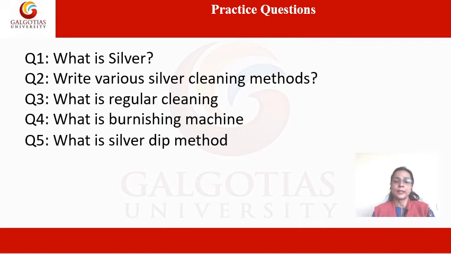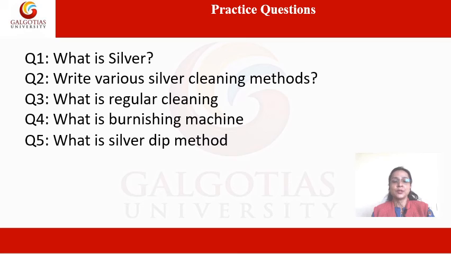What is regular cleaning? Under this, you may reply that regular cleaning is applicable to clean those items which can be maintained on a regular basis, and a very simple solution can be used, like baking soda, hot water, and aluminum foil, which are sufficient to maintain the regular cleaning procedure.